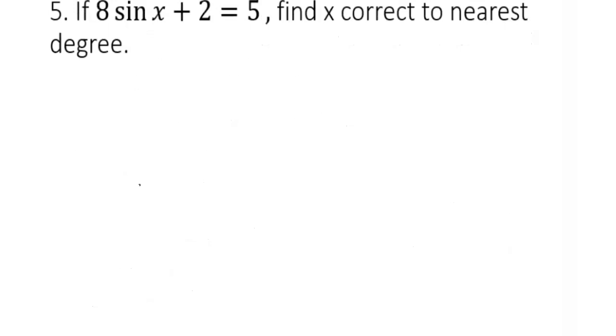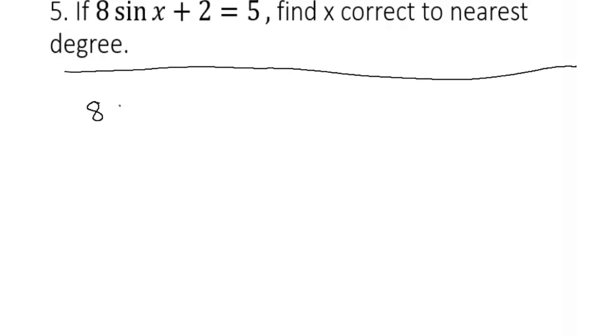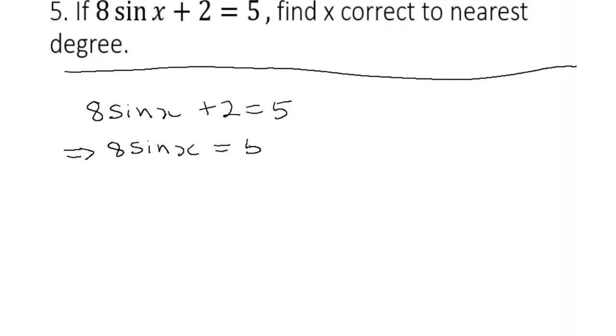The next question. If 8 sin x plus 2 is equal to 5, find x. So 8 sin x plus 2 is equal to 5. We first have to take the 2 to the right hand side. So this implies that 8 sin x is equal to 5 minus 2, which is 3.